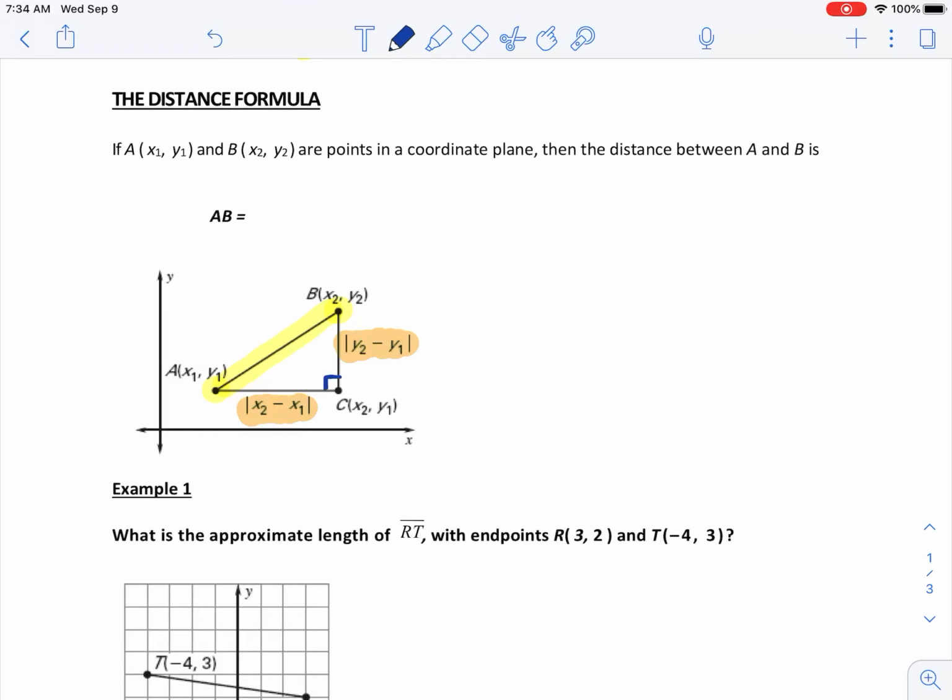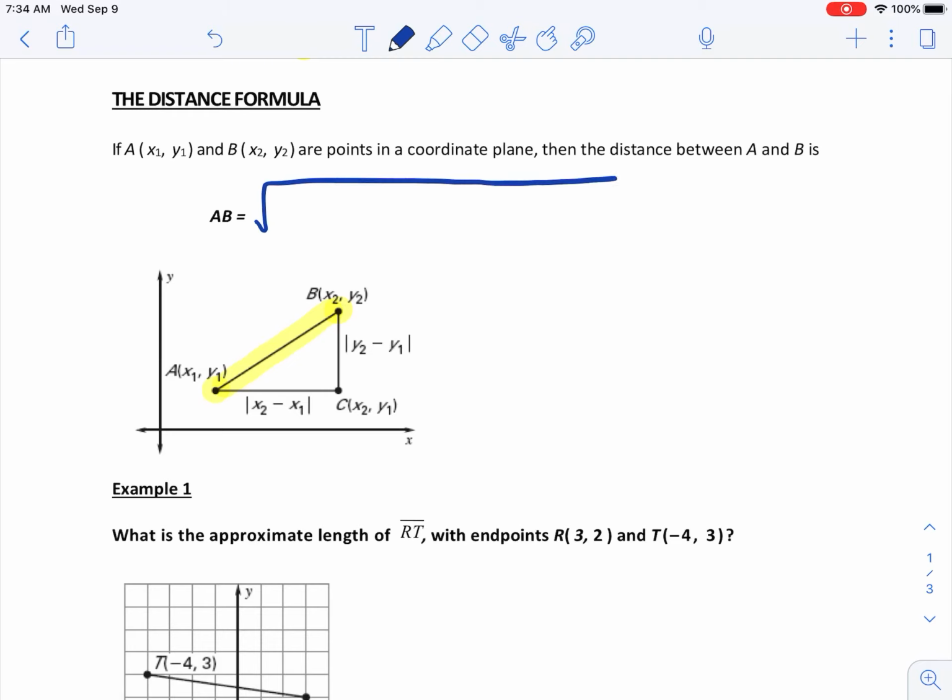If you've heard of right triangles and the Pythagorean theorem, you would know that a squared plus b squared equals c squared. This isn't exactly what the distance formula does, but it is derived from that. So I wanted to give you that background knowledge, that the formula is based off of that.